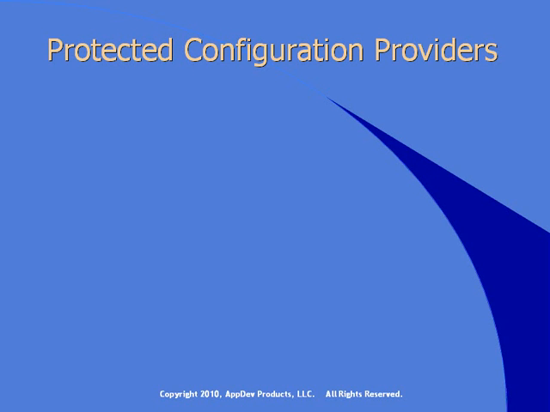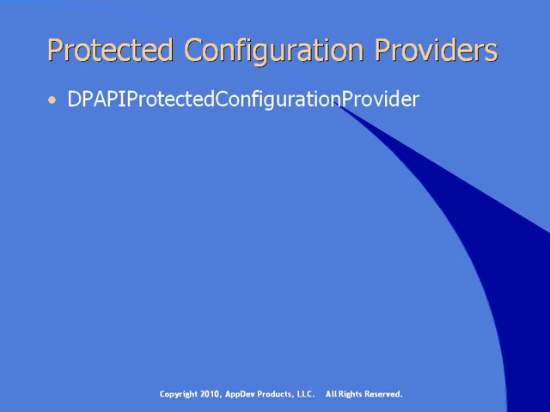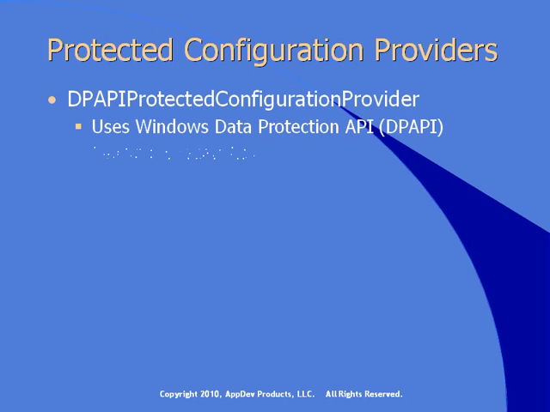The .NET Framework includes two protected configuration providers that you can use to encrypt a configuration file. The first one is the DPAPI Protected Configuration Provider. It uses the Windows Data Protection API, or DPAPI, to encrypt and decrypt configuration sections.